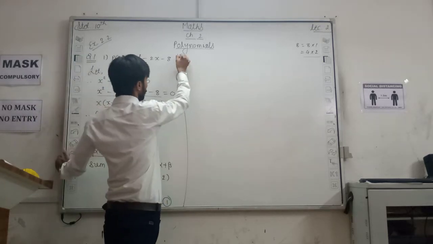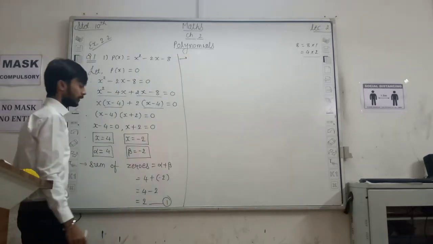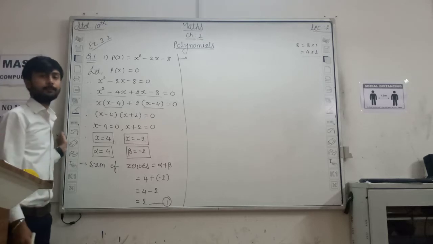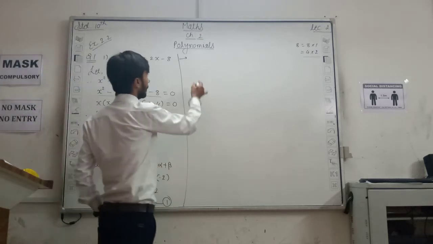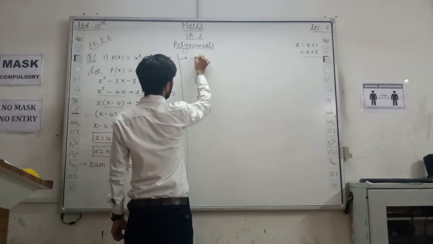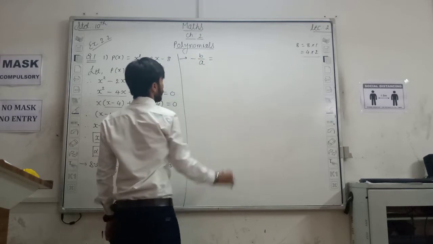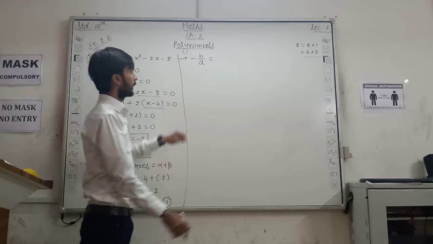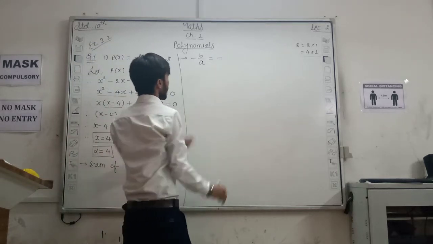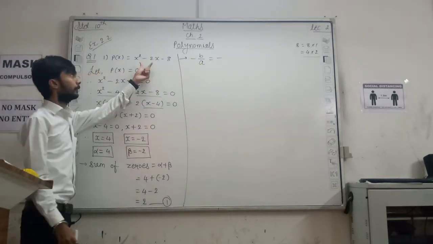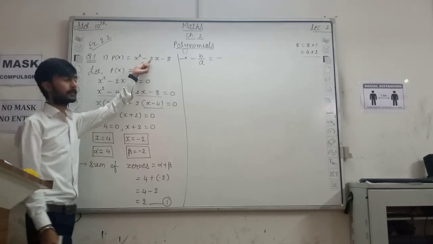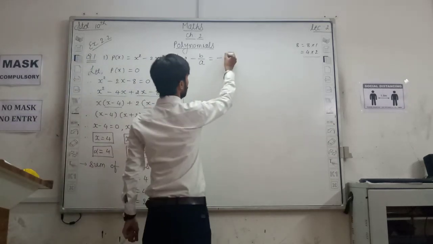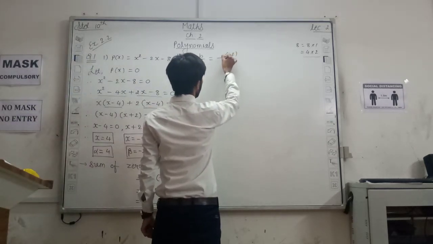Now, by formula, what is the formula for sum of zeros? As I said, it is minus b upon a. Check whether it is equal to the first or not. Minus b upon a: minus as it is, what is b? b is the coefficient of x, that is minus 2, upon a.